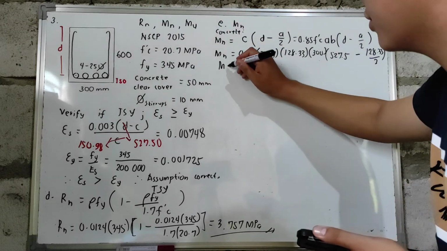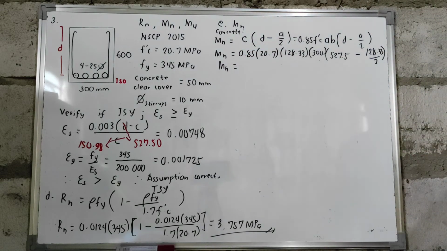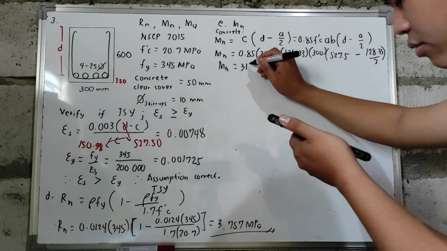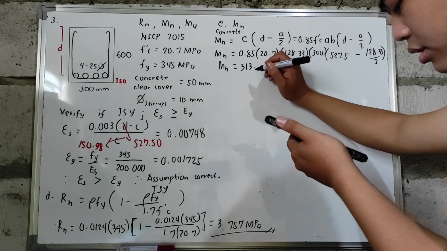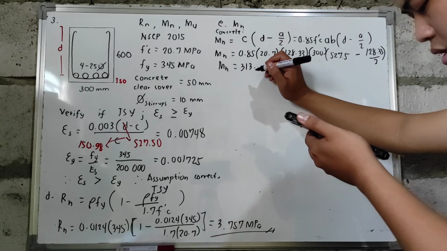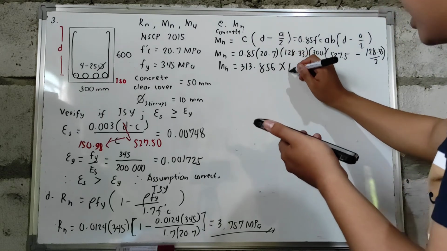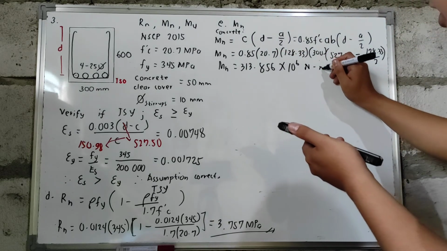So the value of your nominal moment resistance is equal to 313.856 times 10 raised to 6 Newton mm.